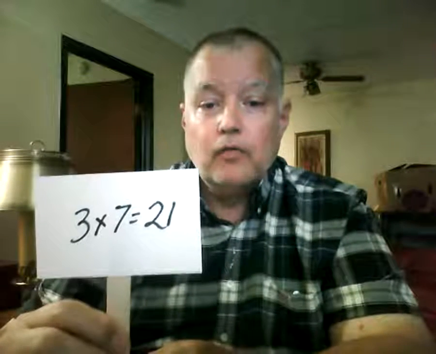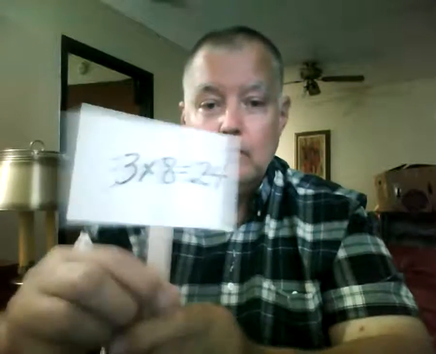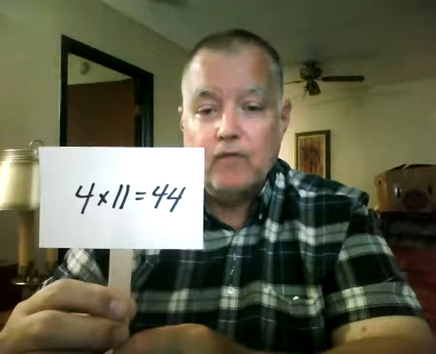3 times 9 is 27. 3 times 7 is 21. 3 times 8 is 24. 3 times 10 is 30. 3 times 12 is 36. 4 times 11 is 44. 4 times 9 is 36.